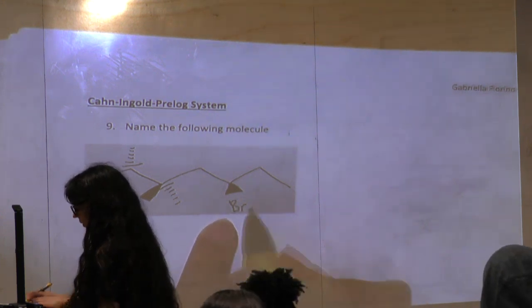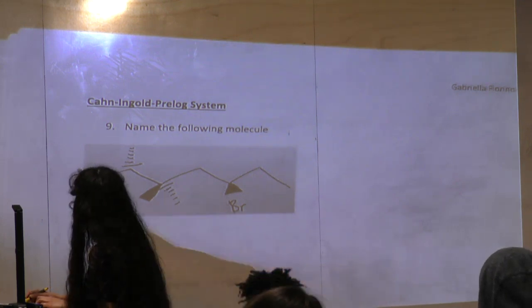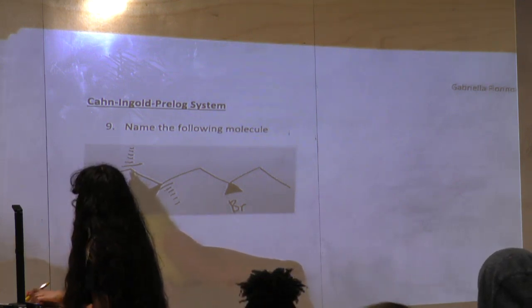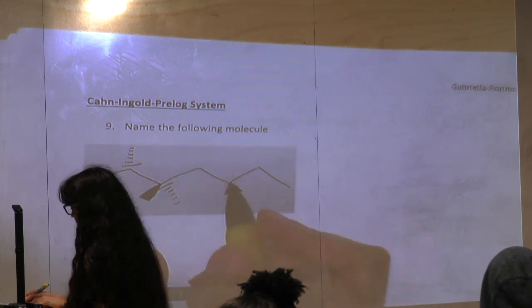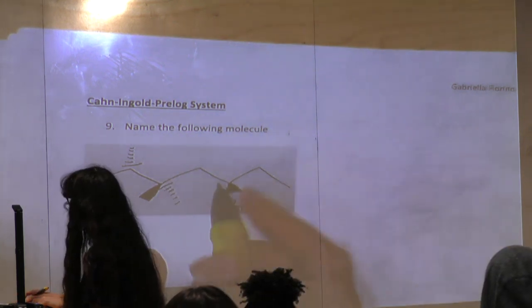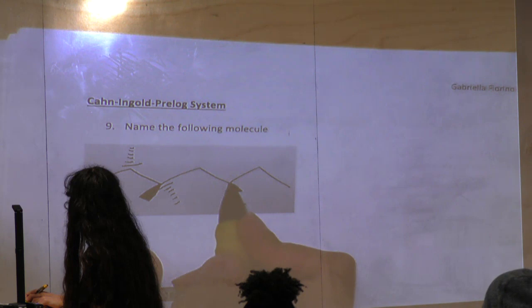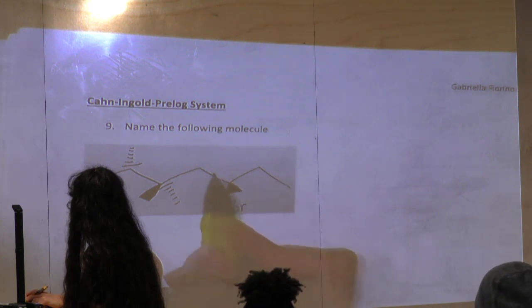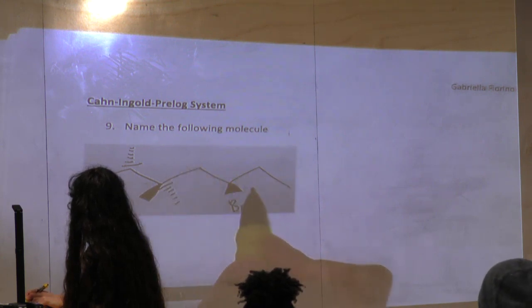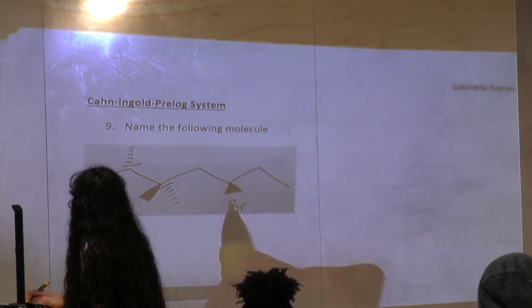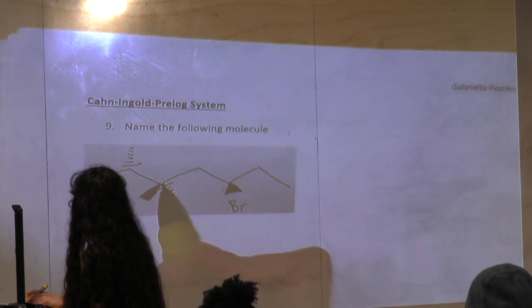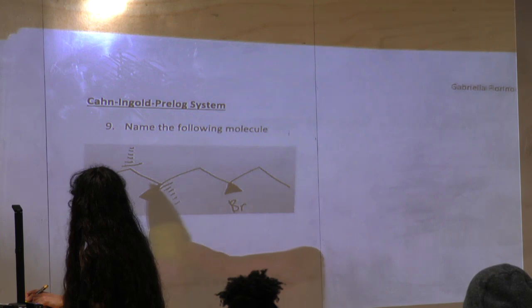This has a chiral center because for it to be chiral, it has to have 4 different groups attached to a carbon. So this has an ethyl, this has a bunch of stuff, it has a hydrogen, and it has a bromine, so this is chiral. If we look at this carbon over here, this group is different from this group.